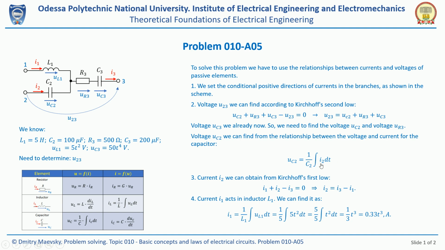As we can see from this formula, we need to obtain the value of the current I2. Current I2 we can obtain from Kirchhoff's first law.